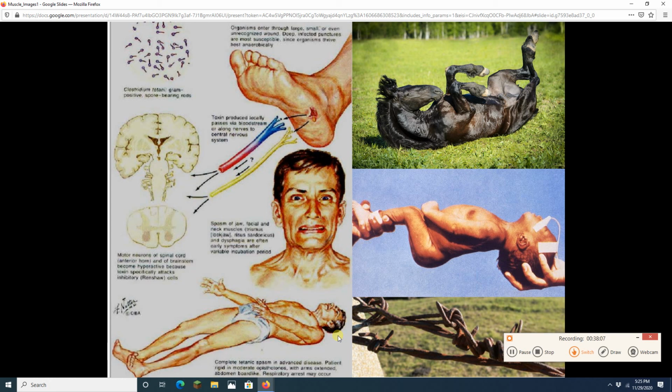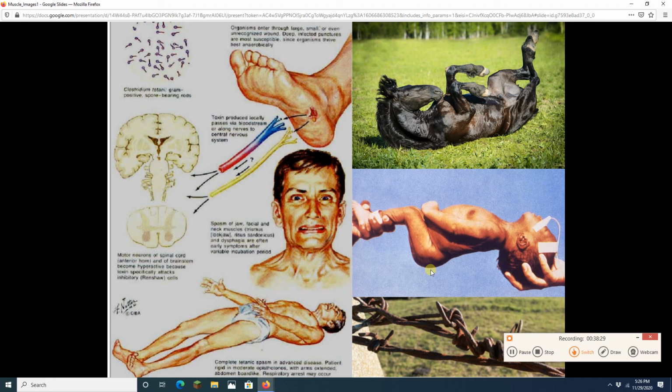It can happen in animals. It's a horse experiencing tetanus. It can happen in babies, especially if there's non-sterile delivery, like non-sterile cutting of the umbilical cord. So this is the relation between tetanus, the bacterium.